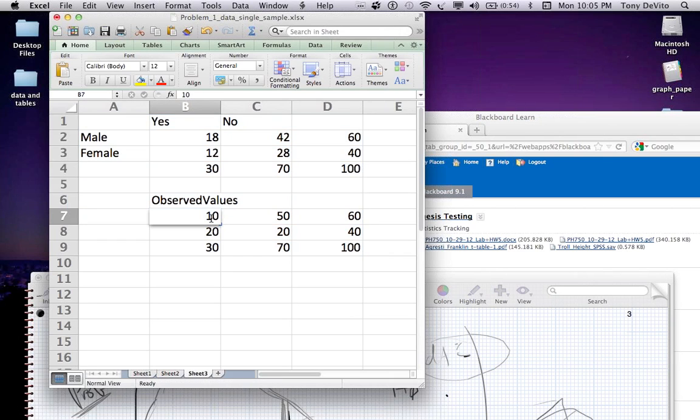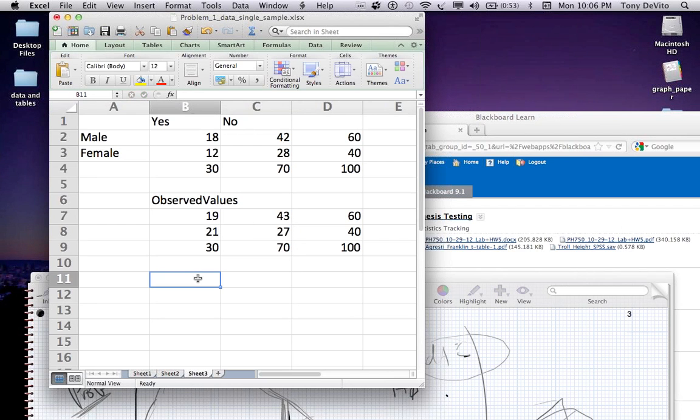If these differences had been small, if this had been 19, then 19 would make this 43, and this would make this 21, and this would make this 70, this would be 27, right? I think that's right.